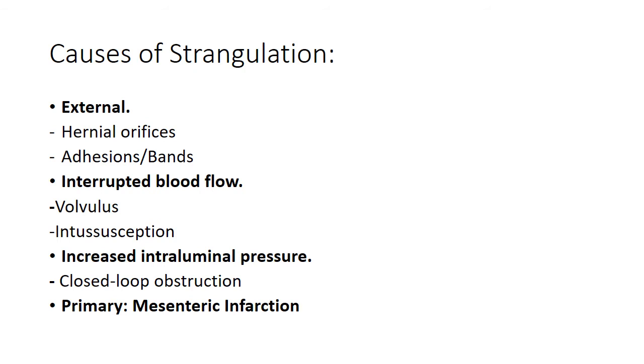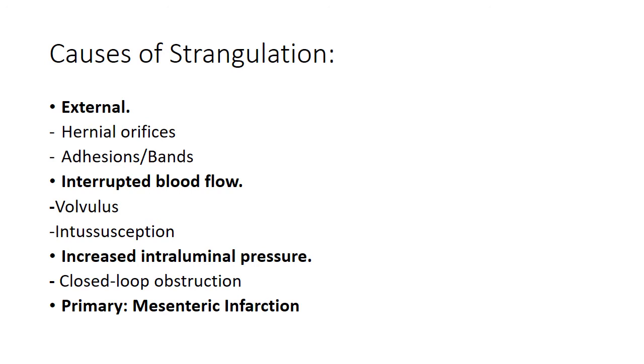And here we should know about the causes of strangulation, which may be external, in which hernial orifices and adhesion come. Second one is interrupted blood flow, which results in the formation of volvulus and intussusception. Third reason of strangulation is increased intraluminal pressure, which causes closed loop obstruction.